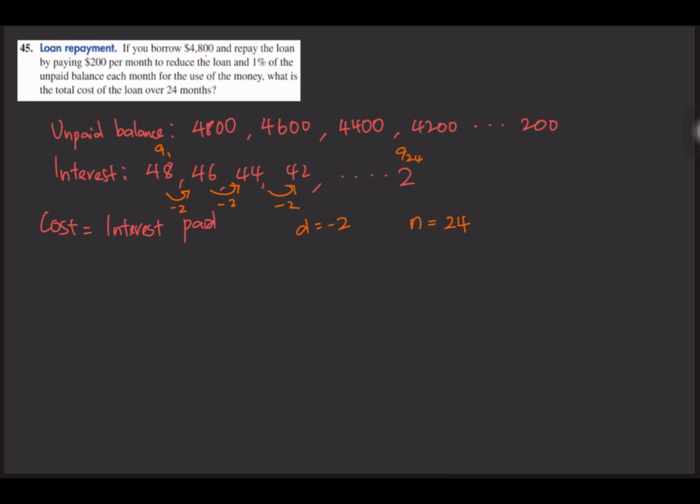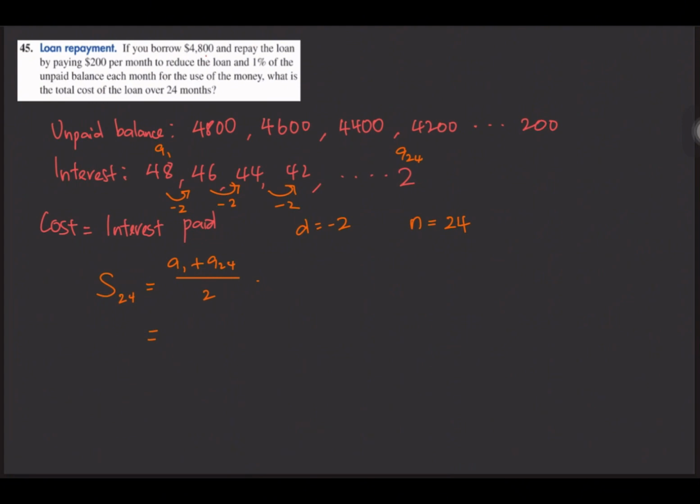So the total cost is quite simple. It's the sum of 24 terms. How do we find the sum of the first 24 terms? Take A1, the first term, plus A24, divide by 2, multiplied by the number of terms, so 24.